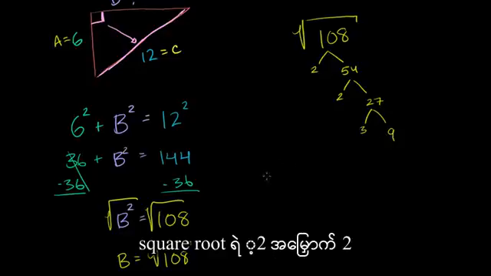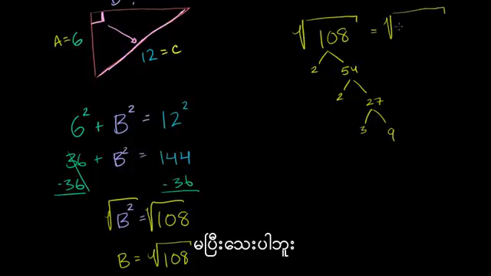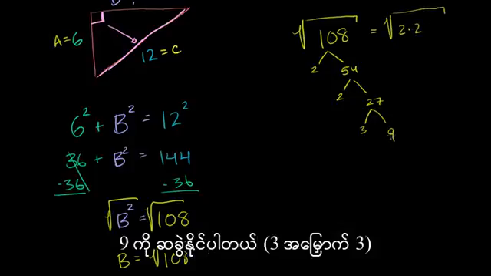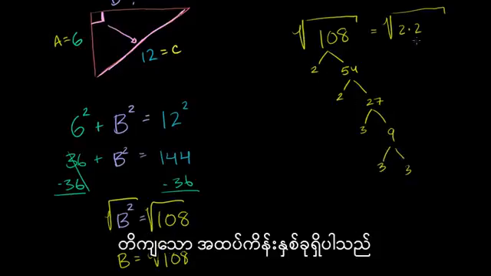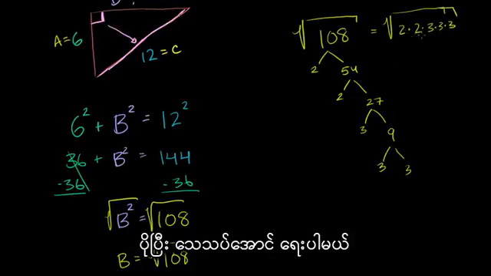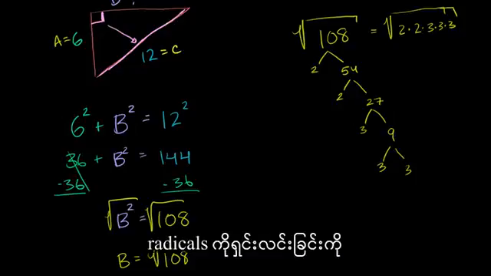So we have the square root of 108 is the same thing as the square root of 2 times 2 times, actually, I'm not done. 9 can be factorized into 3 times 3. So it's 2 times 2 times 3 times 3 times 3. And so we have a couple of perfect squares in here. Let me rewrite it a little bit neater.